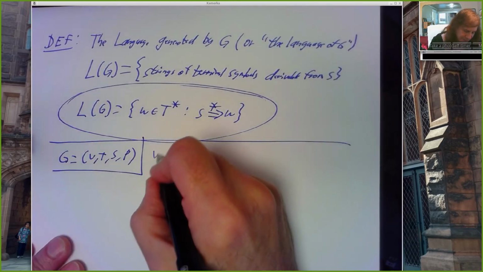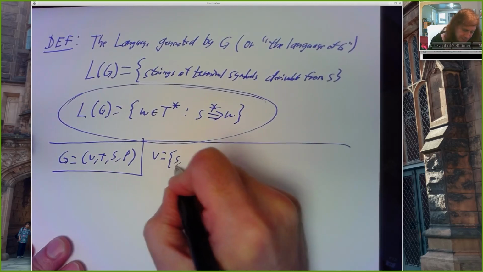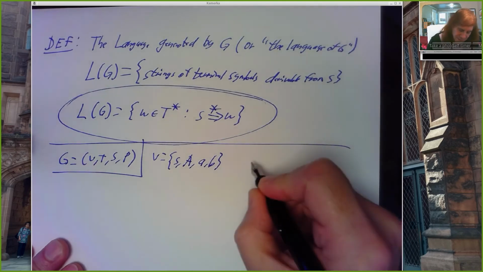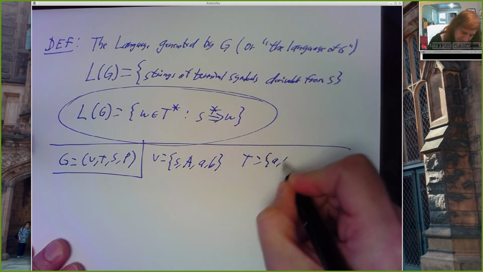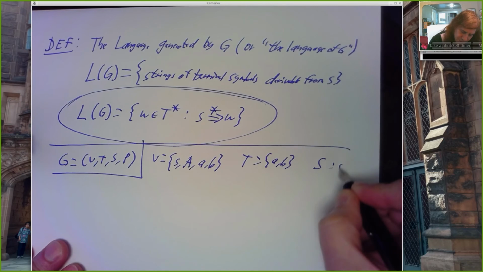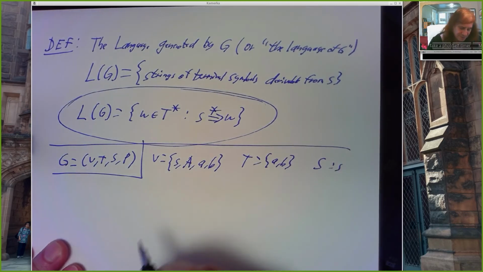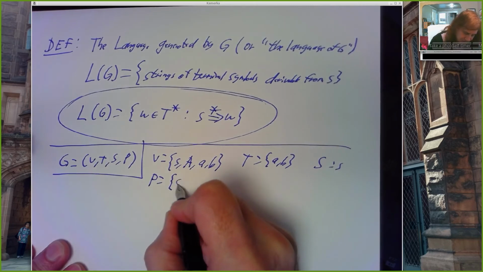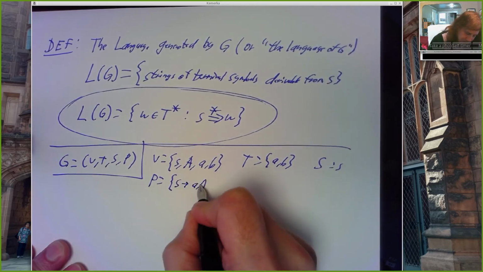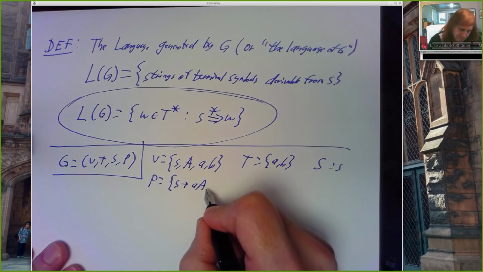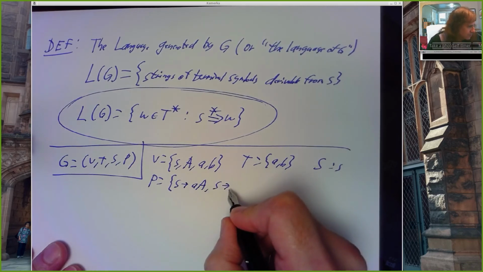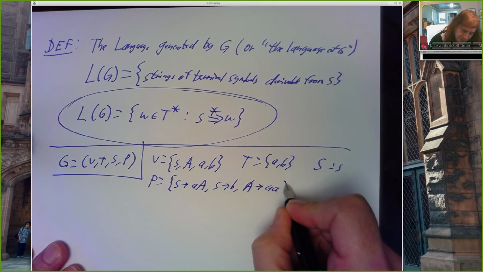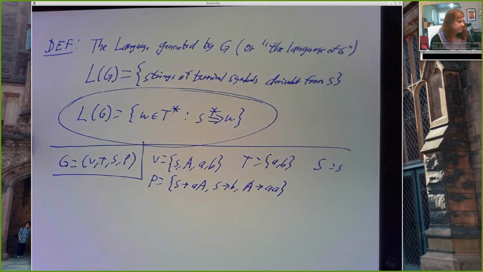Let's set our vocabulary equal to S, uppercase A, lowercase a and b. Our terminal symbols are a, b. Our start symbol is S, and let's use the following production rules. We can take our start symbol and turn it into little a, big A. We can take our start symbol and turn it into little b, and we can take a big A and turn it into a pair of lowercase a's.